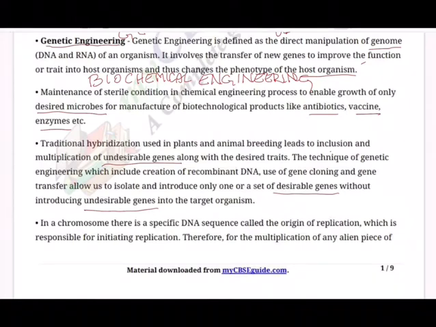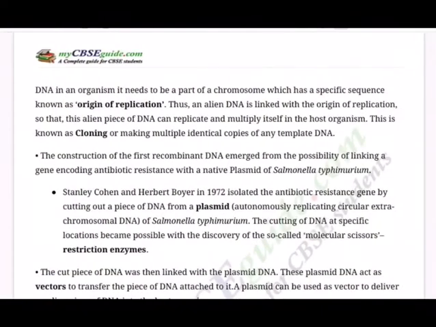So in a chromosome there is a specific DNA sequence called the origin of replication. We say ORI, origin of replication, which is responsible for initiating replication. Replication is DNA division. Therefore, for the multiplication of any alien piece of DNA in an organism, it needs to be part of a chromosome which has a specific sequence known as the origin of replication.